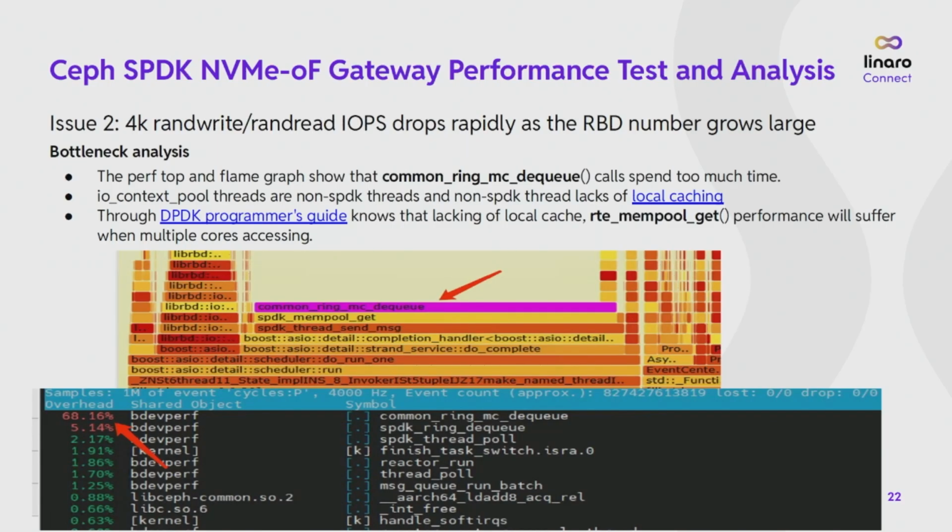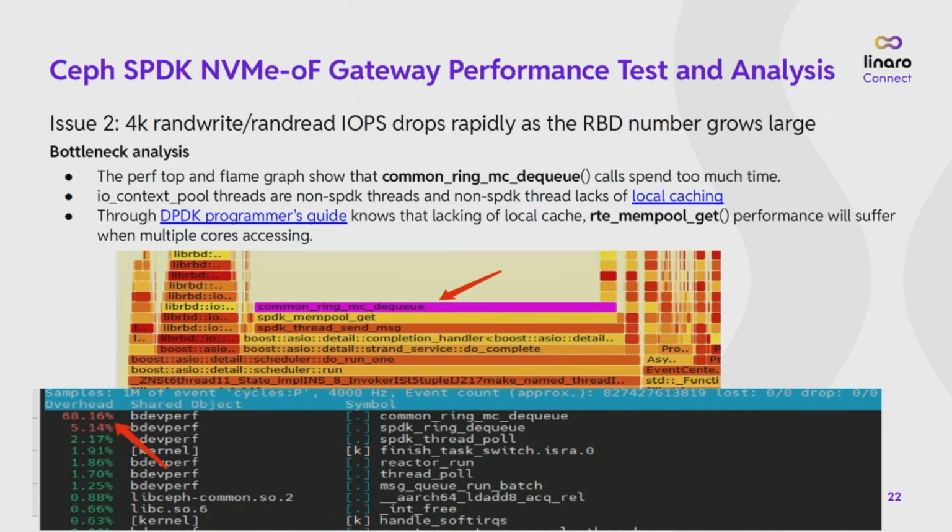And we also know that the IO context pool thread is running on a non-SPDK thread, and a non-SPDK thread is lacking a local cache of the memory pool.